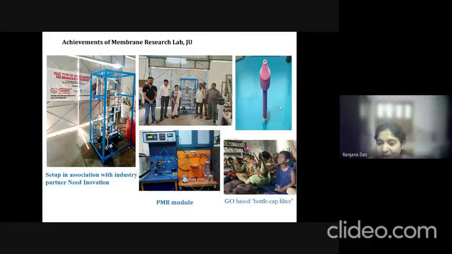These are bottle cap filters, which you can fit in the bottle. If the bottle has contaminated water, you just squeeze the bottle and you get safe water. You can consume the safe water. That is the geo-based bottle cap filter we have prepared in our lab.